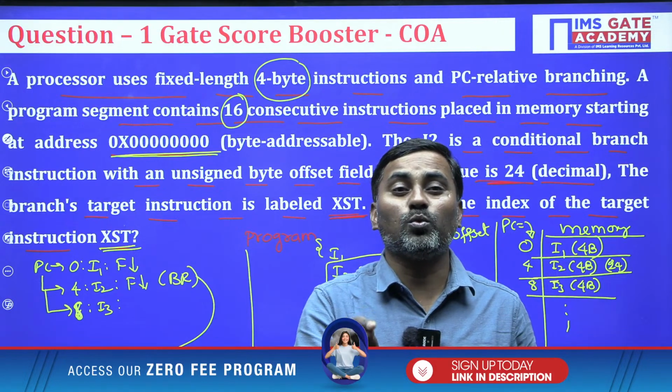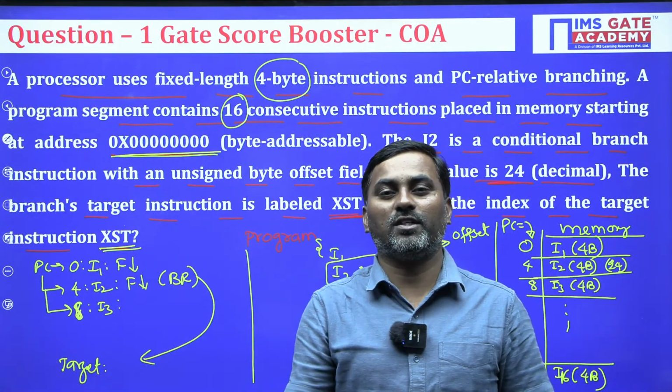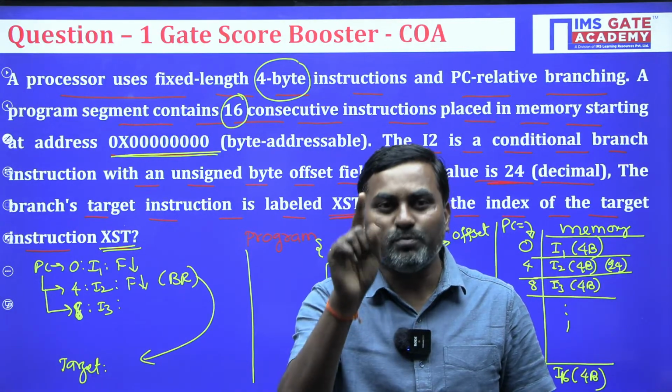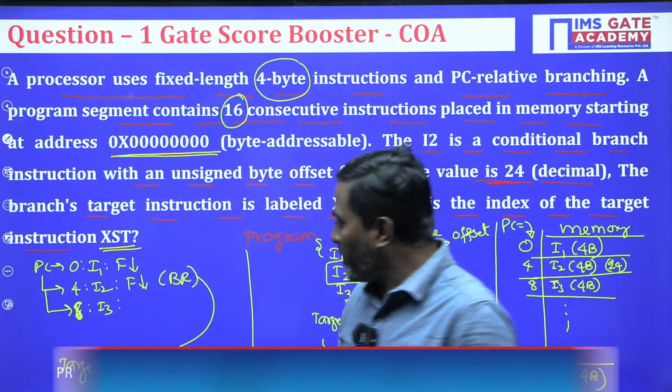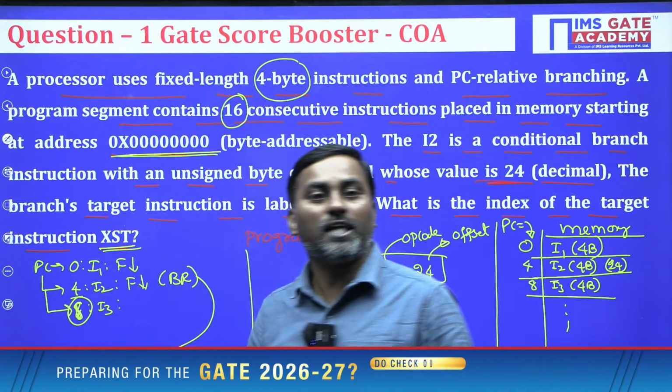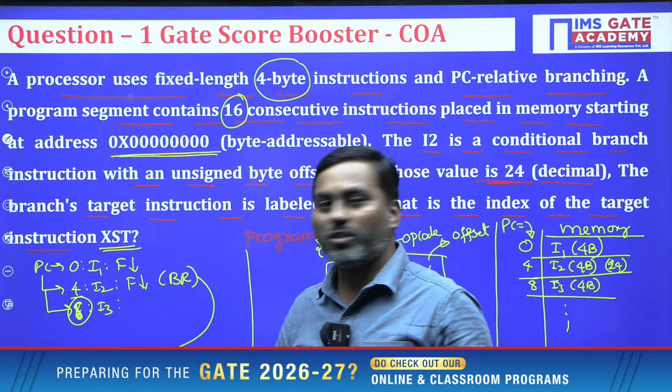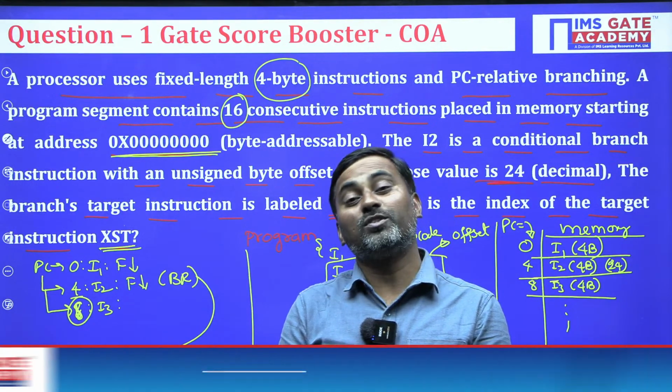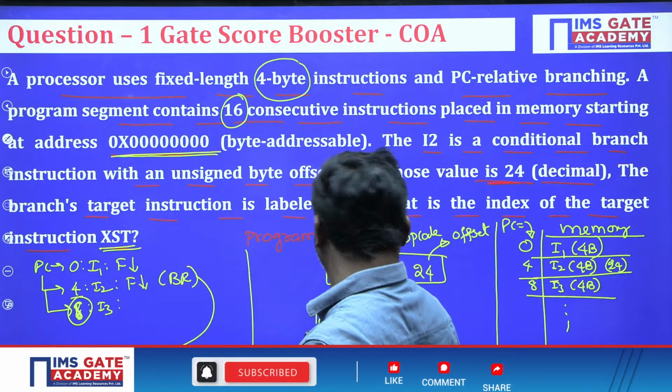In order to jump to the target instruction, the PC value must be updated. So the PC value right now is 8. This has to change to the target value.